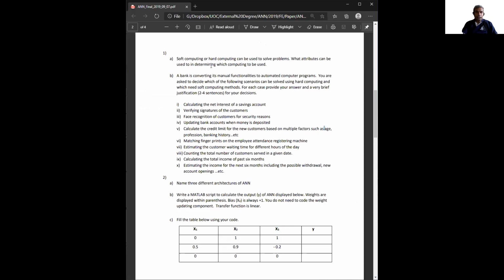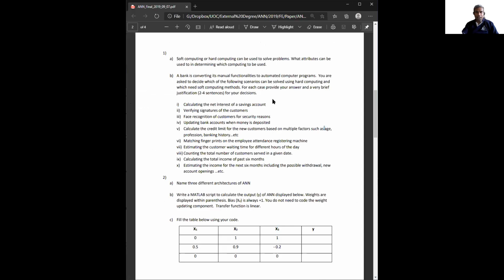Now part B is an extension of the same situation. Here you are introduced to a scenario related to a bank and asked what kind of computing to use for each of these cases. And you also need to justify your selection.